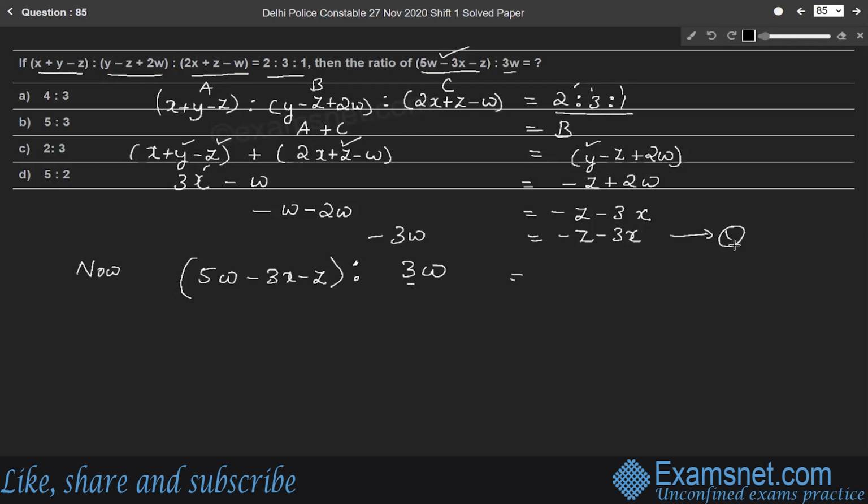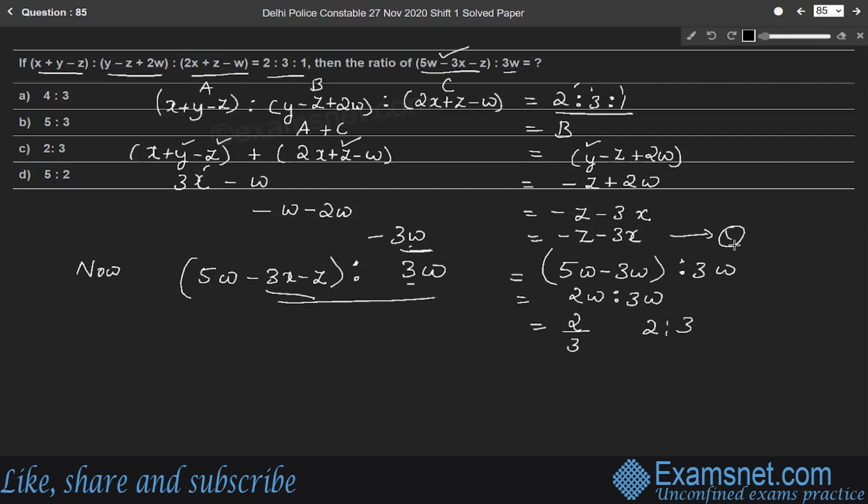Instead of minus 3x minus z, we can write minus 3w from equation 1. So 5w minus 3w is to 3w. 5w minus 3w is 2w is to 3w. Therefore, these two are in the ratio 2 is to 3.